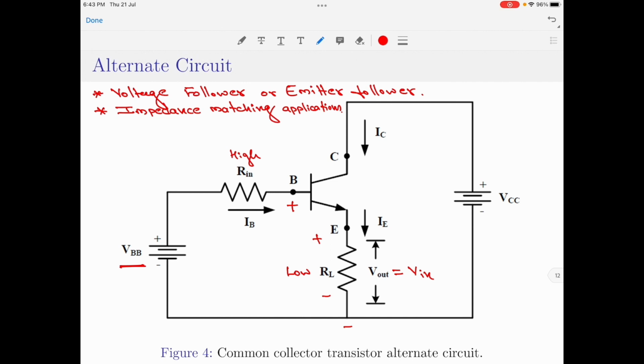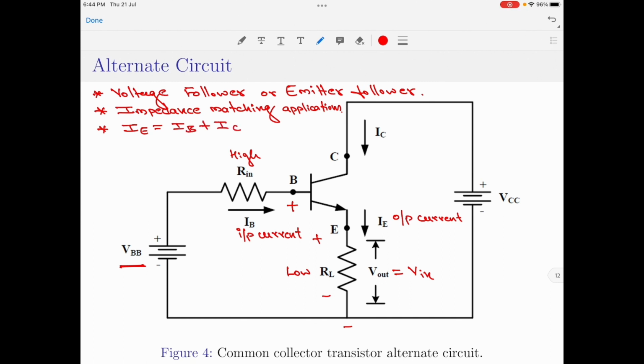Let us now talk about the current and voltage gains for this circuit. Please note that the input current is nothing but the base current and the output current is the emitter current. Let us once again write the equation for the currents in the BJT. That is, the emitter current is equal to the base current IB plus the collector current IC.